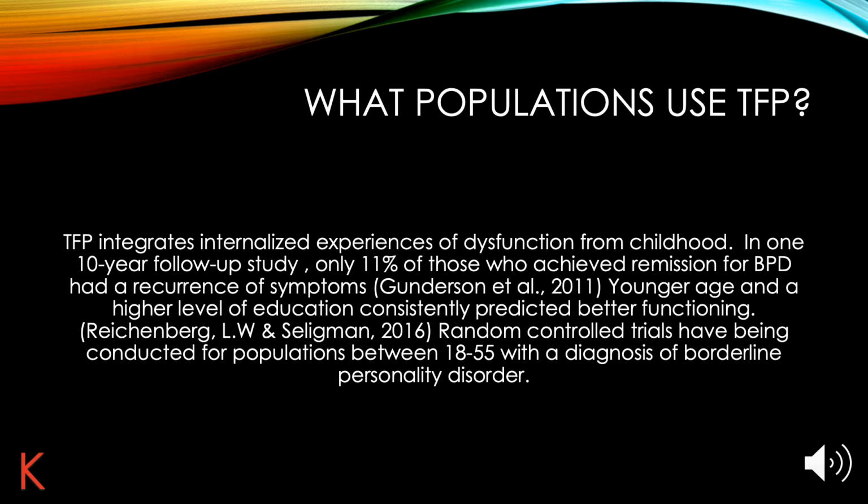Younger age and a higher level of education consistently predicted better functioning. In randomized controlled trials that have been conducted, the main population has been between 18 and 55 with a diagnosis of borderline personality disorder. However, there has not been a limitation set on that age group, but transference focused therapy is not advisable for younger children and teenagers.